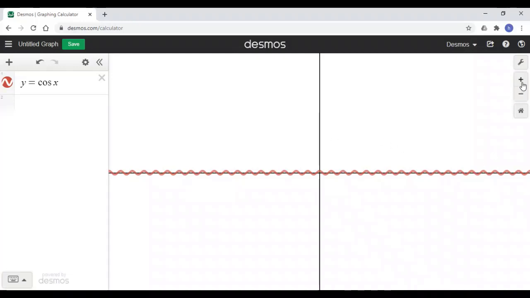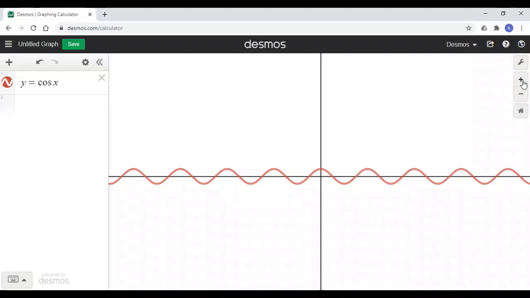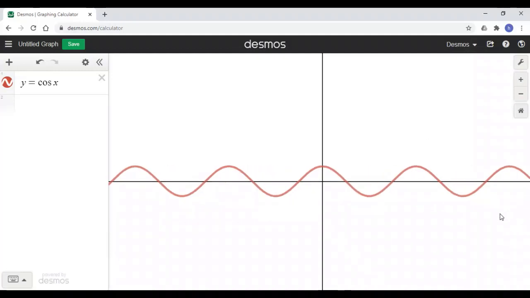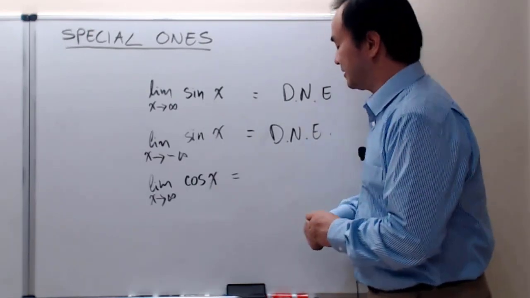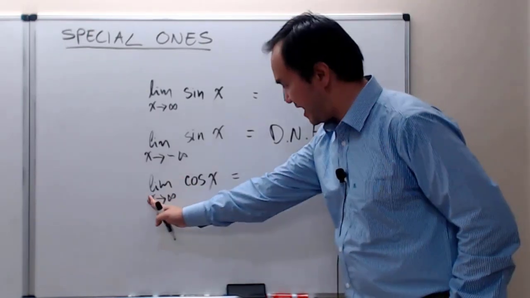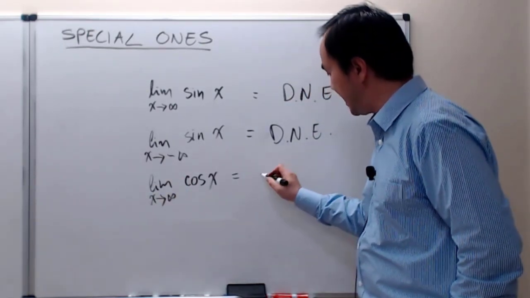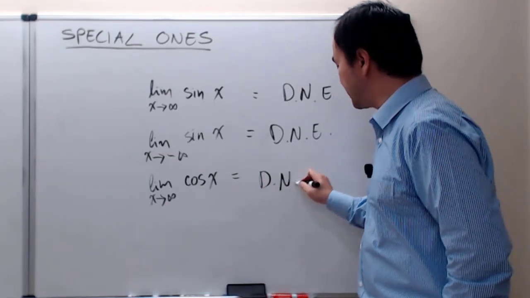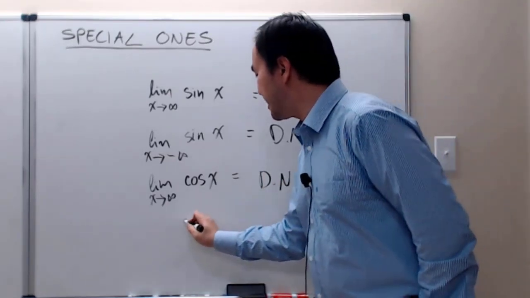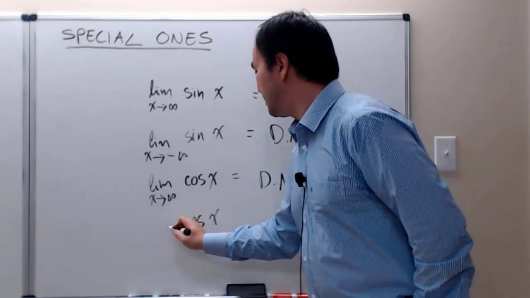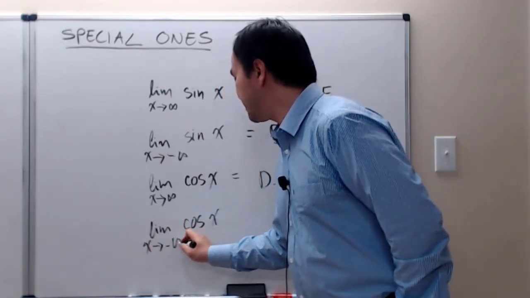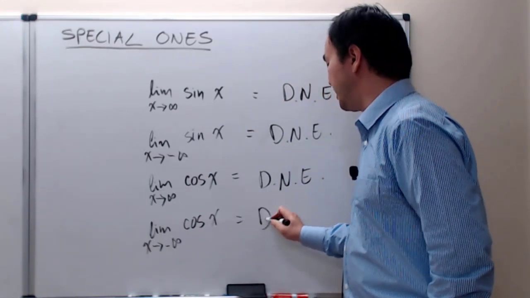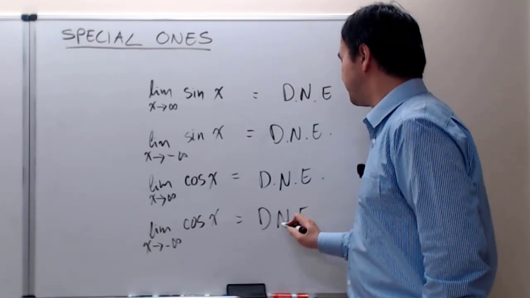And so in that way, back to our conclusion, for the cosine of x function as x approaches positive infinity, the answer has to be a non-existing limit. And the same with cosine of x as we let x approach negative infinity, that answer there is also a DNE.